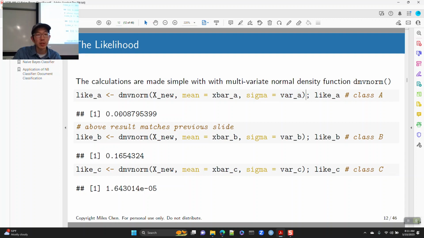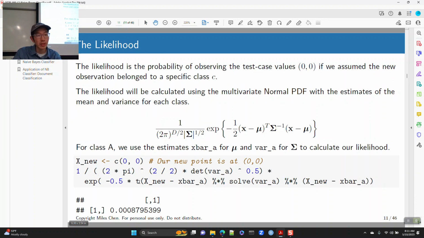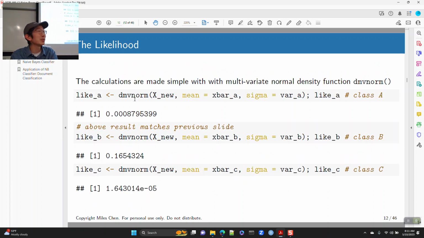And we get this exact same thing, 0.000879. It's the exact number that we have over here. So we can do it manually, or we can just use dmvnorm and get the same number. This is our preferred way, okay? And also this just makes it easier.